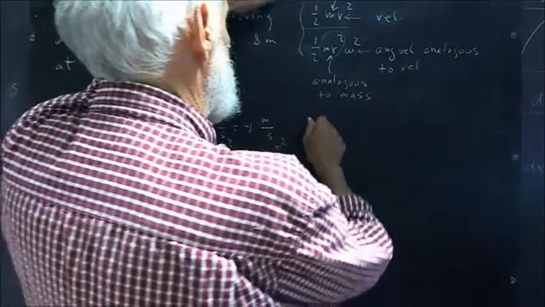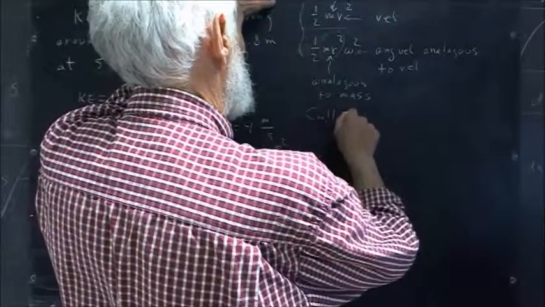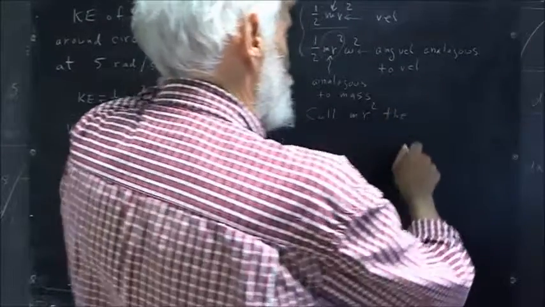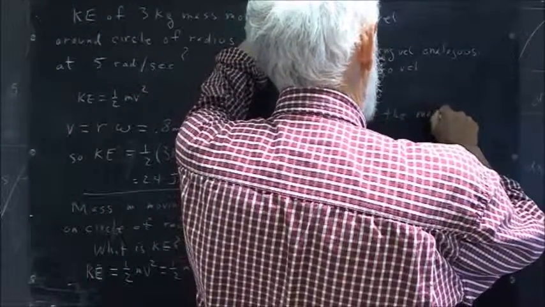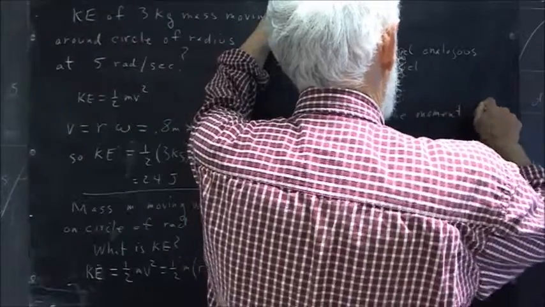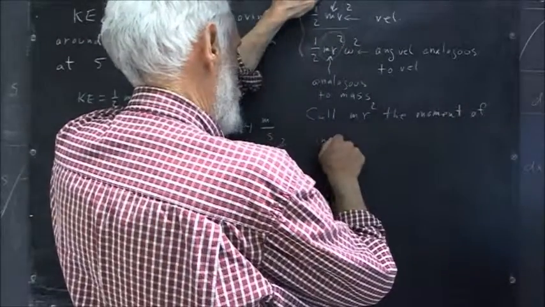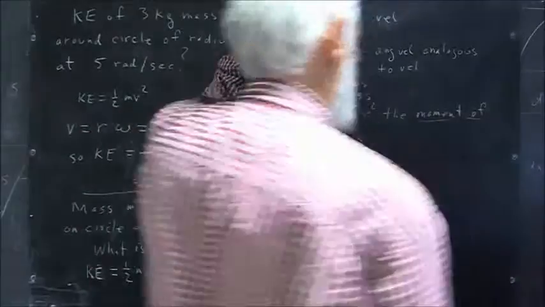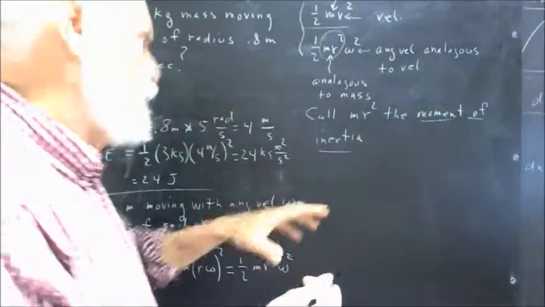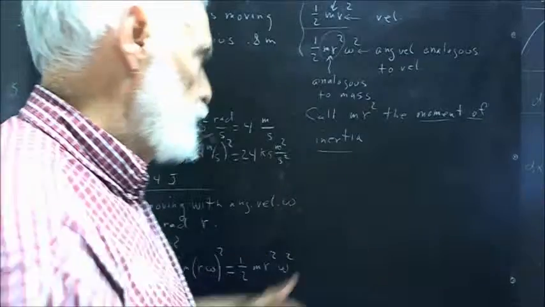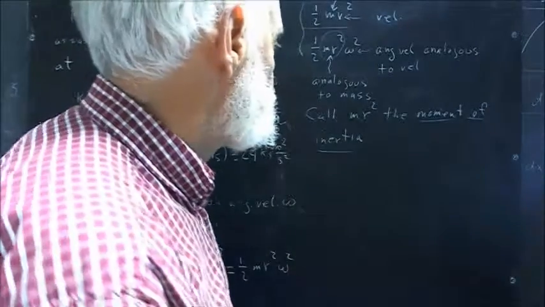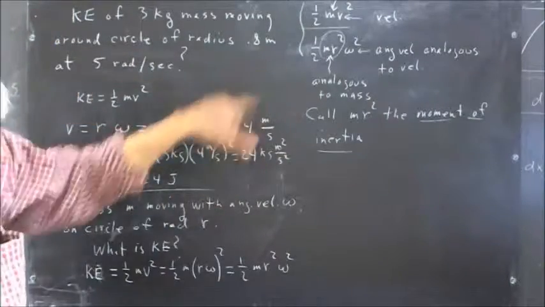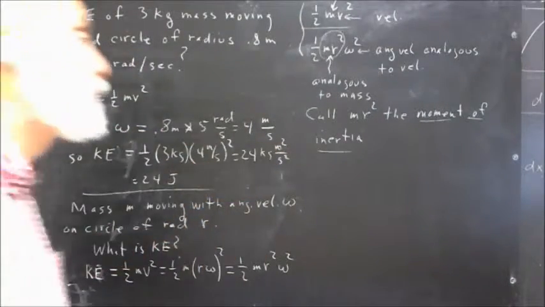So we call this mr squared the moment of inertia. Now, moment can be thought of as a rotational influence that works within the context of rotational motion.